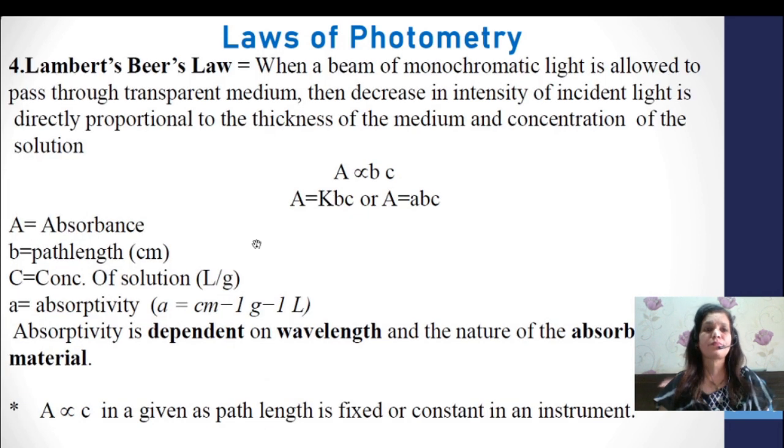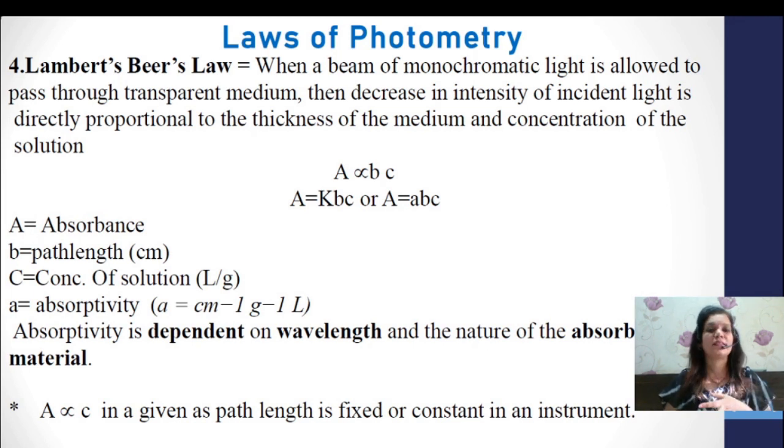If we combine these two laws, Lambert's and Beer's, what statement can we quote? When a beam of monochromatic light is allowed to pass through a transparent medium, the decrease in intensity of the incident light is directly proportional to the thickness of the medium and the concentration of the solution. Excellent.